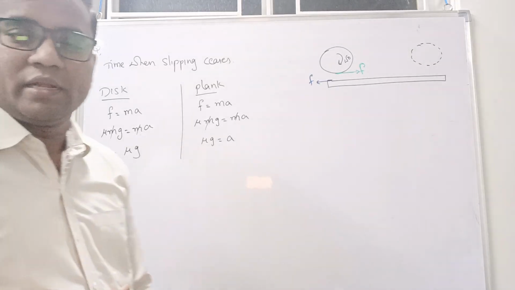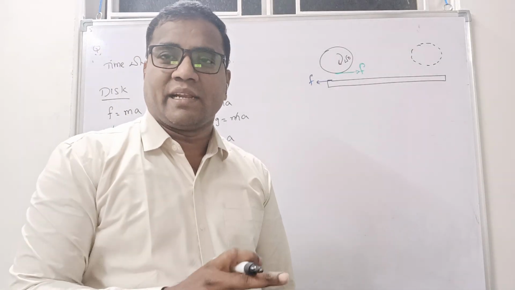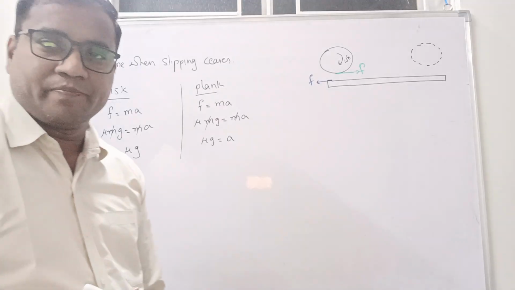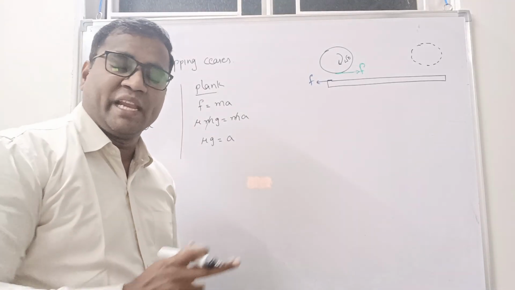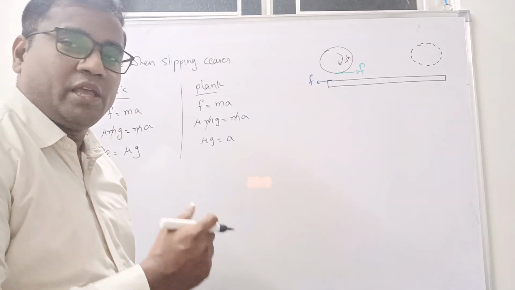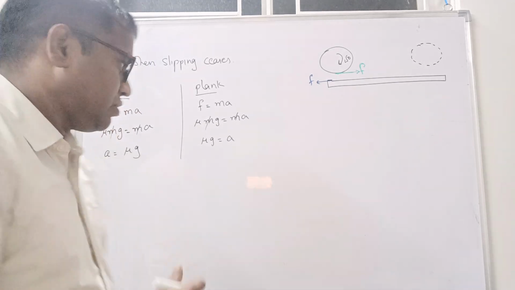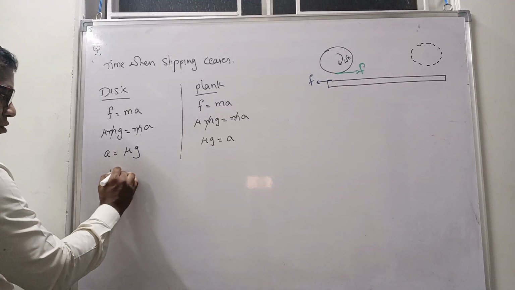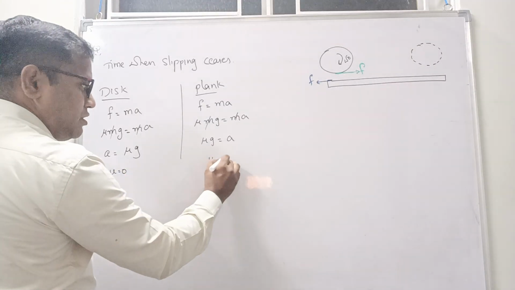For both disc and plank, the acceleration is mu g only. Initially there is no translational velocity, so the initial velocity u is 0 for both disc and plank.